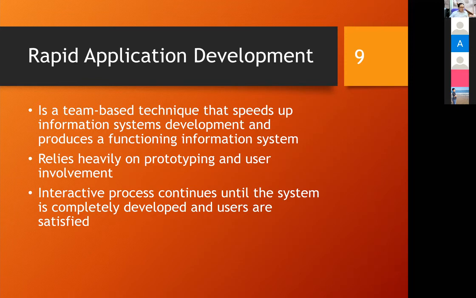This kind of development relies heavily on prototyping and user involvement. So it means that every time you do the meeting, you come up with a prototype. The prototype here is not one that you throw away and create again as a new prototype.